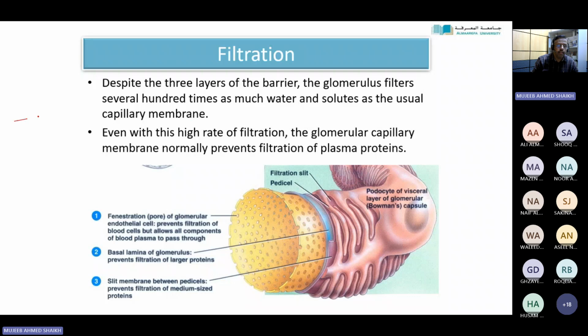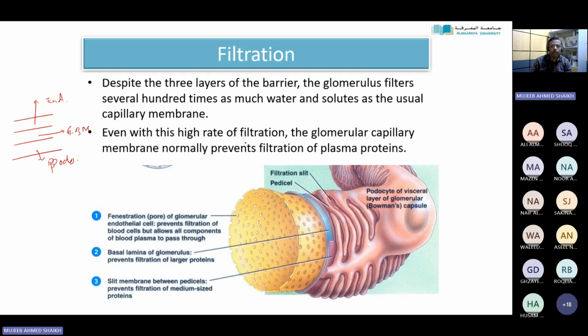Even though there are 3 layers, this layer is the endothelial layer, this layer is the glomerular basement membrane, and this layer is the podocyte. Out of these 3 layers, still it is more permeable. The amount of filtrate coming is huge.